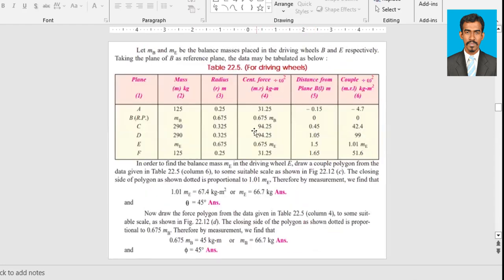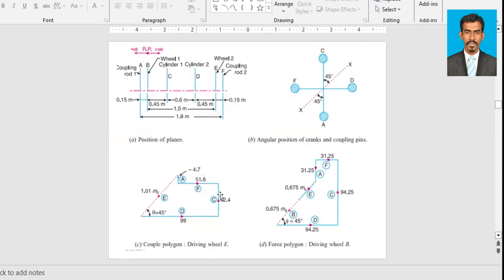This one drawn, this one drawn, this one drawn, this one drawn, this one drawn. Now we are left with only this value, right? So according to the force polygon, in order to find the balancing mass, we have to complete this polygon, right? Complete this polygon means we have to join the final point and the starting point, right? So we join those two.